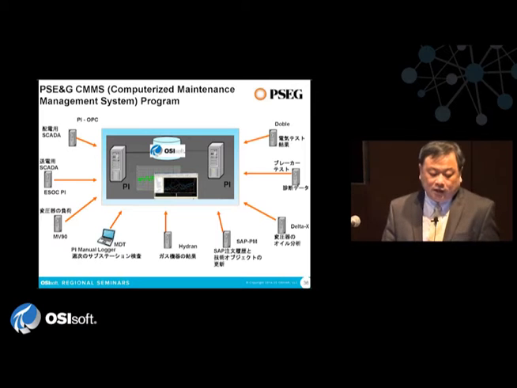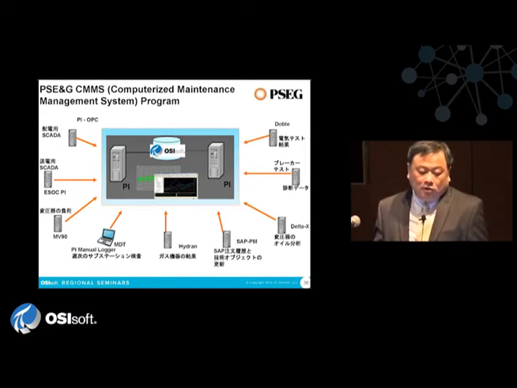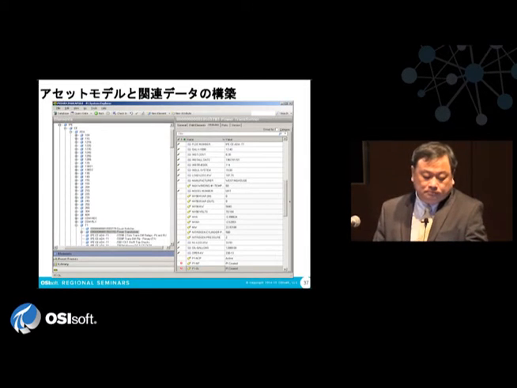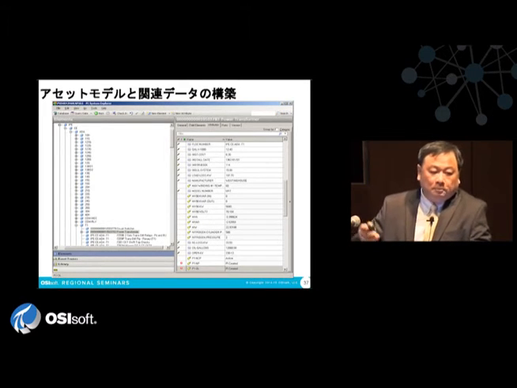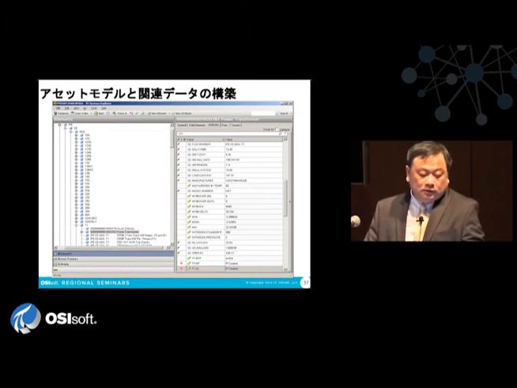And everything is collected into PI. So they have all the data in the PI system. They use AF to build up the tree structure to model all the equipment.